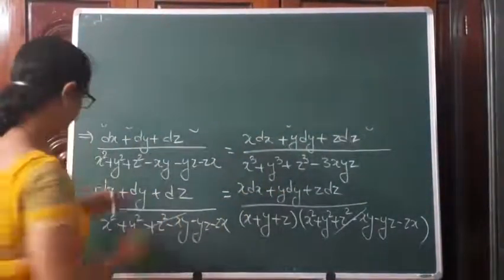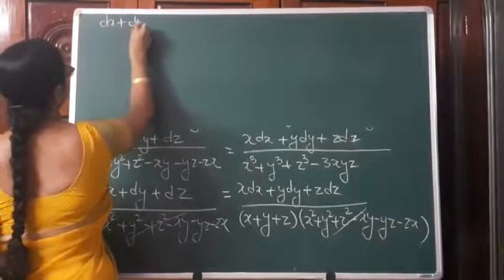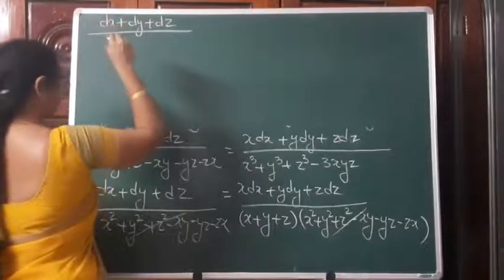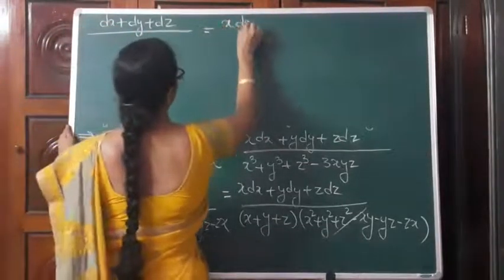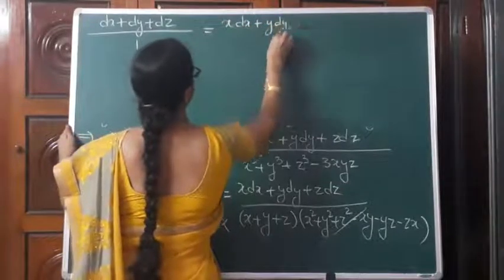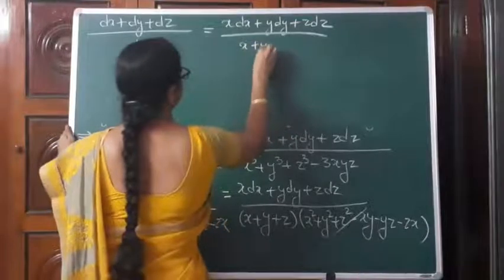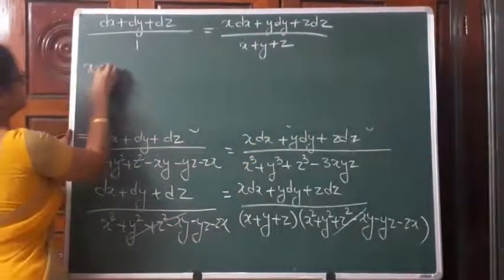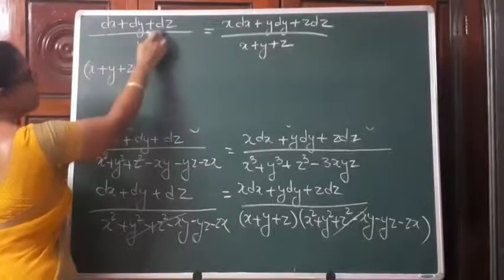Now we have dx plus dy plus dz divided by 1 is equal to x dx plus y dy plus z dz divided by x plus y plus z. Now cross multiplying, we get x plus y plus z into dx plus dy plus dz.